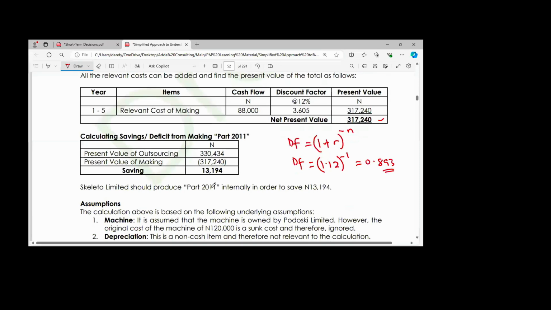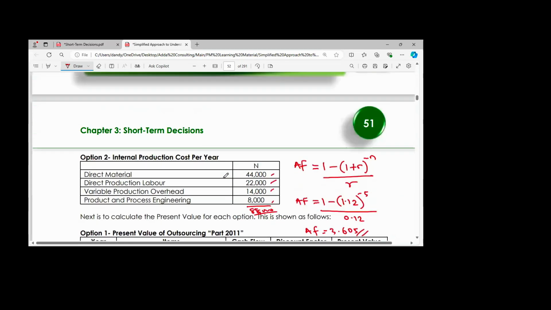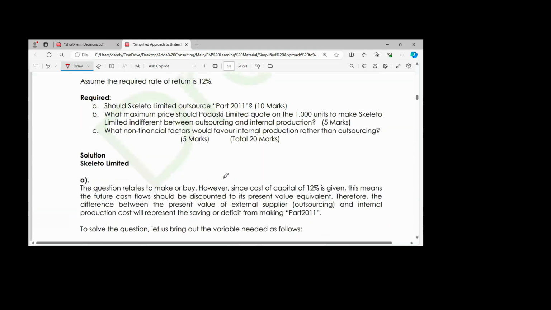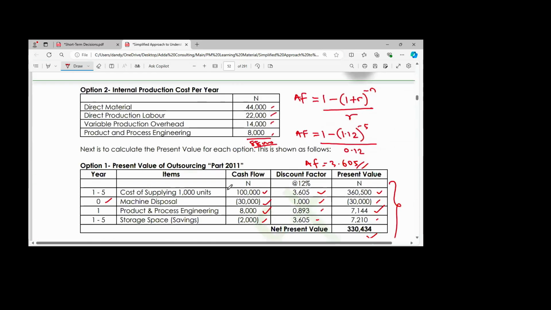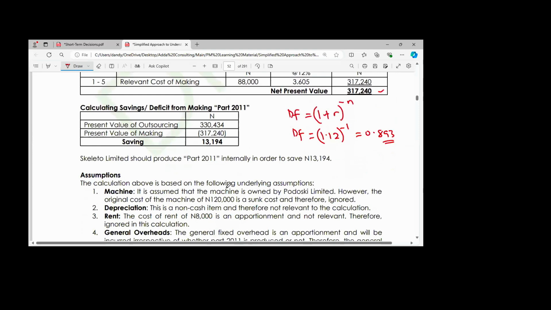So the examiner is now asking whether the company should outsource, let me go back to the requirements. Should DG Limited outsource part 2011? 10 marks is what you want to earn. Therefore, all you need to do is to compare the supplier's quotation versus the relevant cost of making. In this case, my relevant costs have already been discounted to the present value equivalent. Again, the cost of outsourcing, the supplier's quotation, has also been discounted to the present value equivalent.